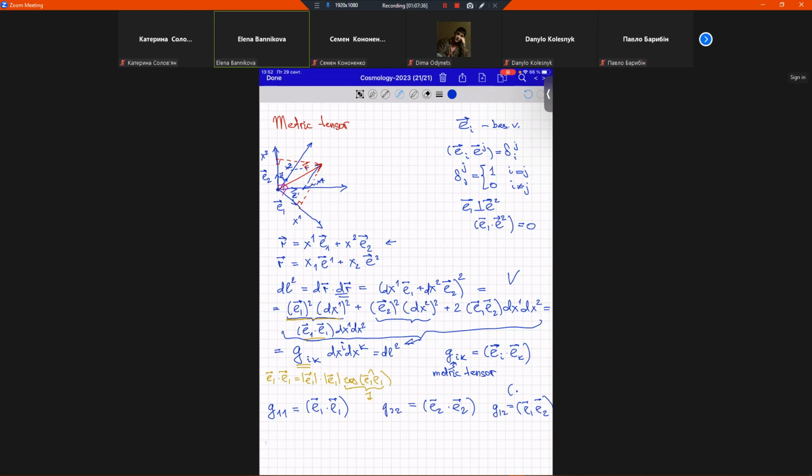And if I now write, you can compare this one with this one, in the representation of the metric tensor it will be J11 dx1 dx1 plus J12 dx1 dx2 plus J21 dx2 dx1 plus J22 dx2 dx2 for two-dimensional space.